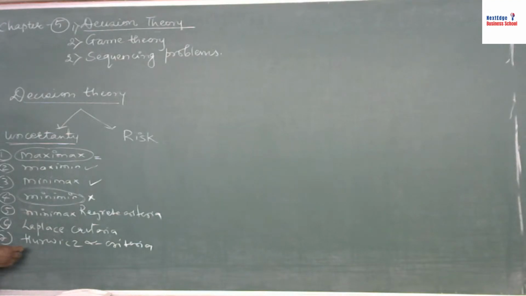So out of 7, minus 2, there are only 5 methods which you have to study in detail, right? 1, 2, 3, 4 and 5. So these are the 5 different methods of decision under uncertainty.